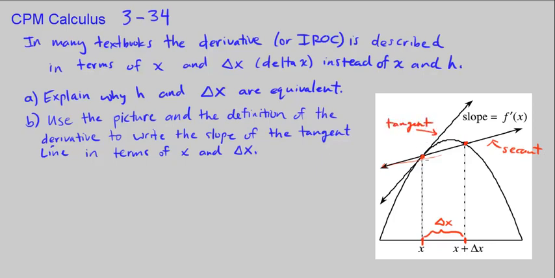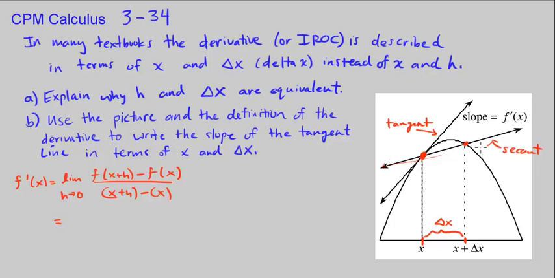The tangent is the slope exactly at the point x. The secant, remember, uses 2 points and creates a line using those 2 points. Our definition of the derivative says that f prime of x is equal to the limit as h goes to 0 of f of x plus h minus f of x divided by x plus h minus x, the change in y divided by the change in x.